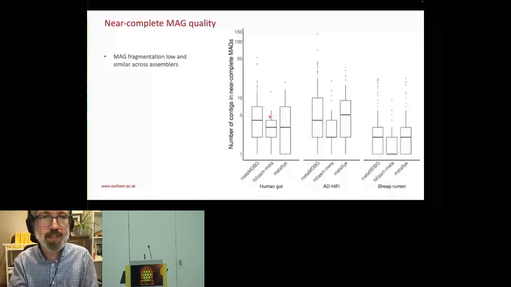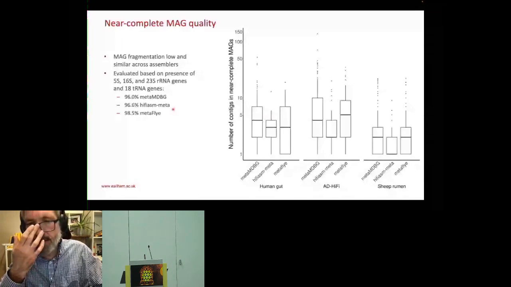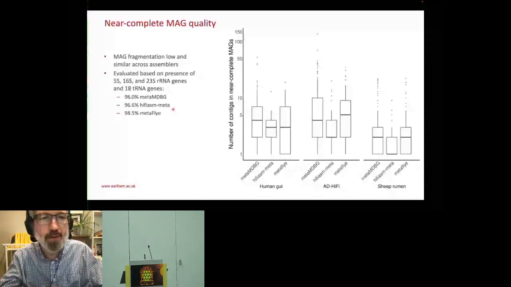I mentioned that with short reads, you can't get 16S sequences. We evaluated the MAGs in terms of the numbers of 5S, 16S, 23S, and the 18 tRNA genes that were observed. And 96% of MAGs from MetaMDBG had all of those ribosomal genes. That was similar, although metaFlye did slightly better on that metric.